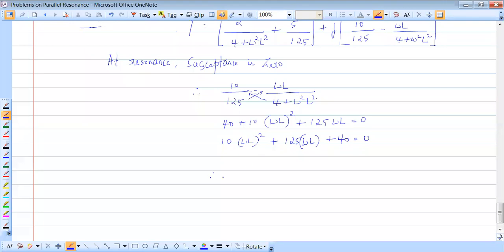So therefore, omega L would look like 125 plus or minus, we'll get two values of L, the root of 125 square minus 4a and c, divided by 2 into a, divided by 2a.